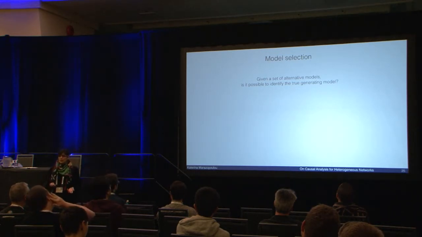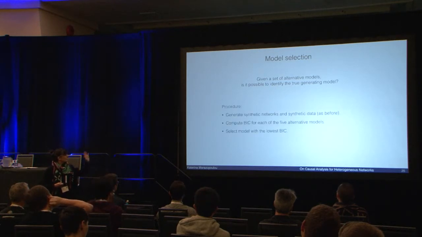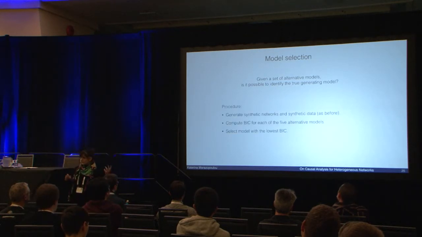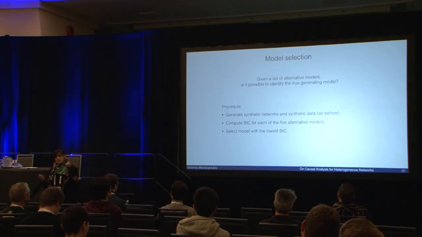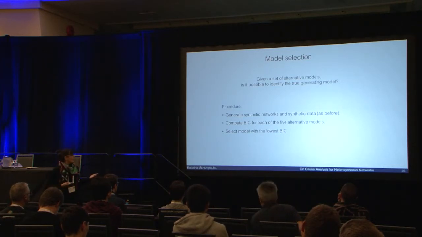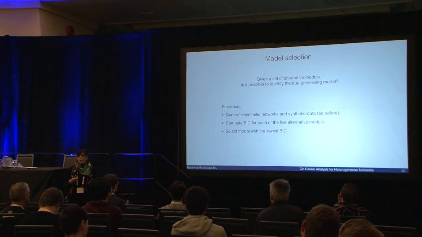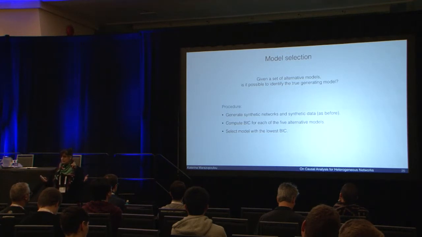Effectively, we have the same datasets that we generated before on synthetic graphs and synthetic data. Now for each of the 5 models that we're considering, we compute the Bayesian information criterion, which is a score that tells you how closely your model describes your data, penalizing for the complexity of the model. And then we select the model with the lowest BIC, which is the better fit.